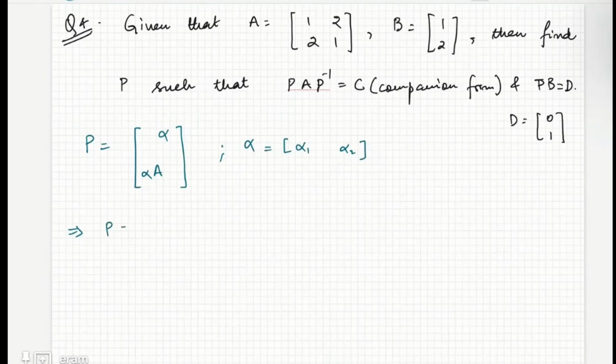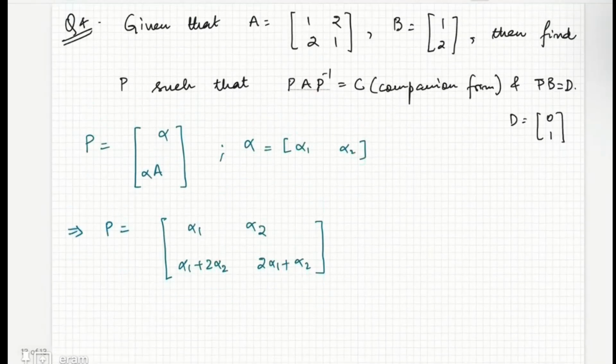Then P would look like alpha 1, alpha 2, and alpha into A will give us alpha 1 plus 2 alpha 2 and 2 alpha 1 plus alpha 2. So let's assume the transformation matrix P has this entry. Now the objective is to calculate this alpha 1 and alpha 2.